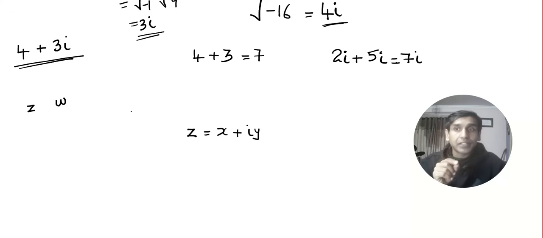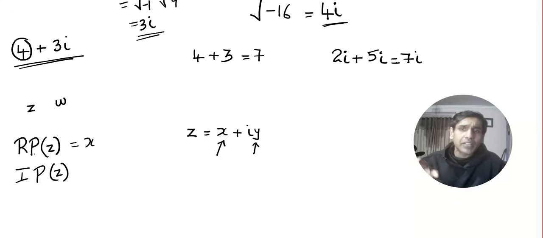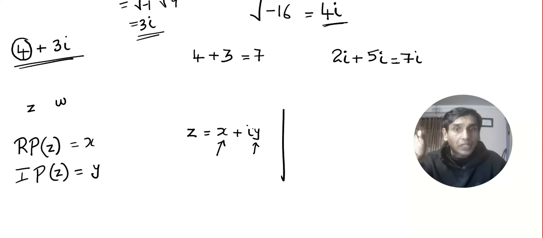By the way, don't forget, x will be called the real part of the complex number and y will be called the imaginary part. So if I write RP, real part of z, you have to understand I'm talking about the part without i, the real part. And if I ask you the IP, the imaginary part, some people write Re and Im, and that will be y. We have the complex number.